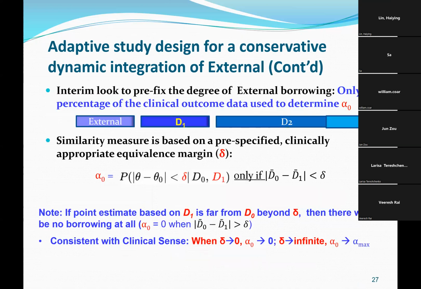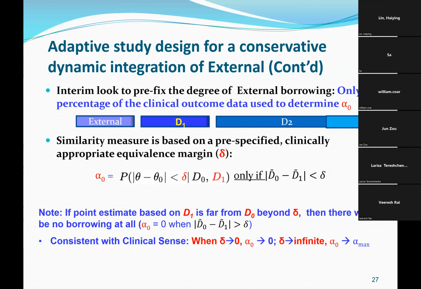Next, please. So the interim also gives you the opportunity to potentially increase the sample size if your similarity is less than you expected and the borrowing is far below the maximum upfront. At that time you could expand the sample size for the second stage, D2 here.